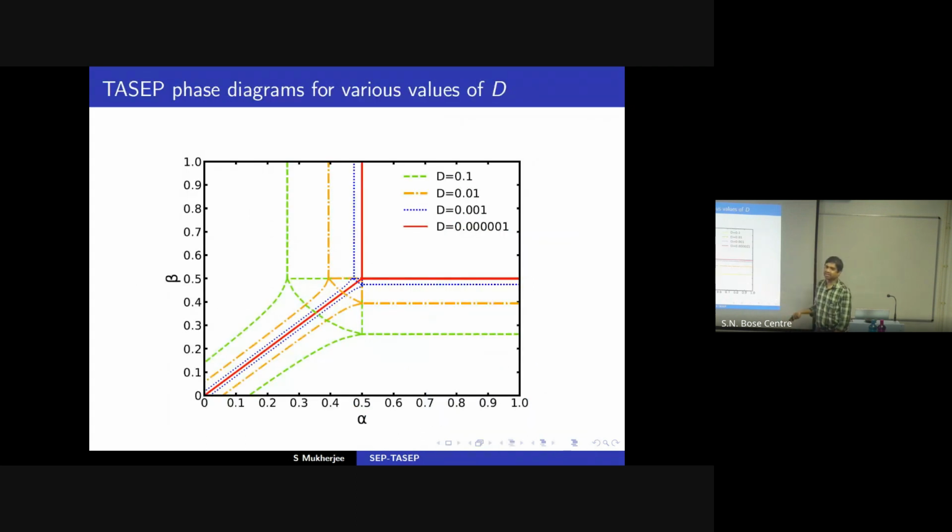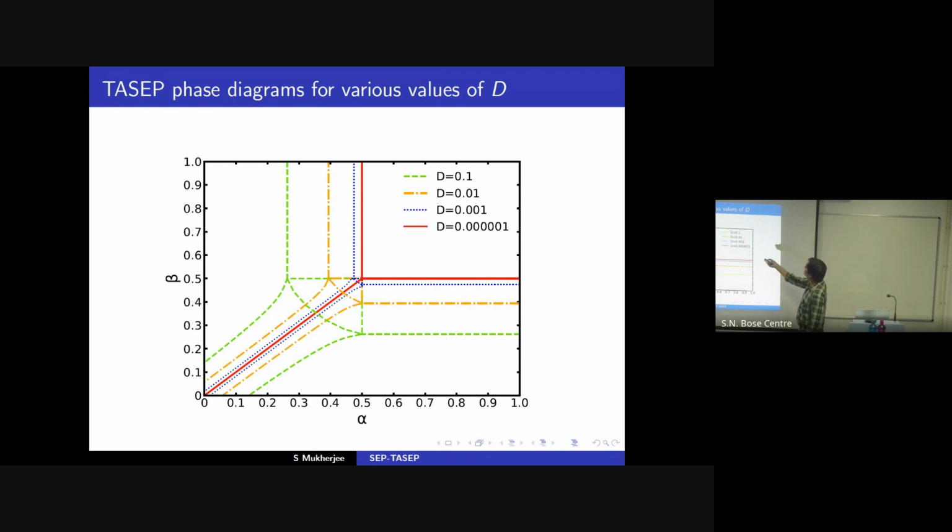We mentioned that if we reduce the value of D, we get a crossover from the LK dynamics to passive dynamics. This can be examined by inspecting the change in the nature of the phase diagram with the variation of D. Here I plot the phase diagram for several values of D. In the LK TASEP, we have mixed phases, whereas in the pure TASEP case, we have only the pure phases.